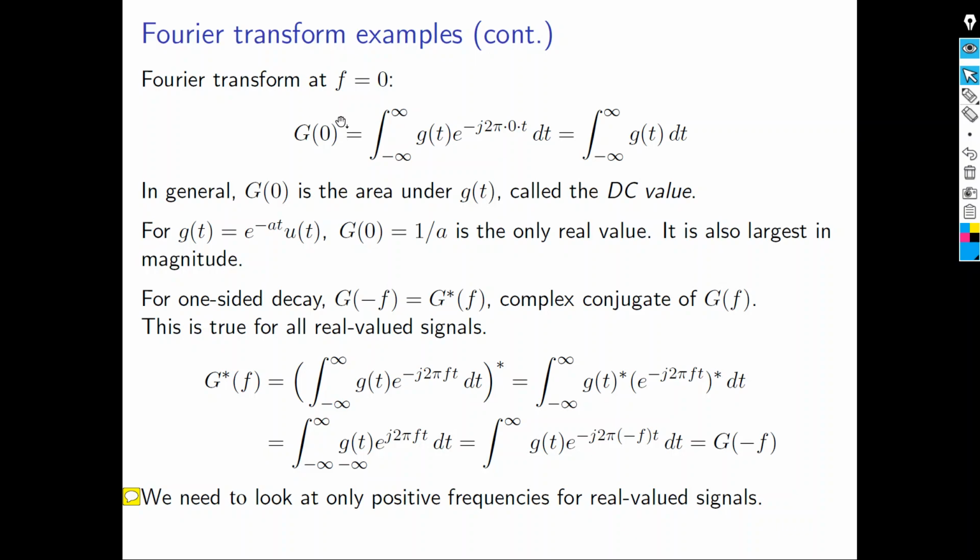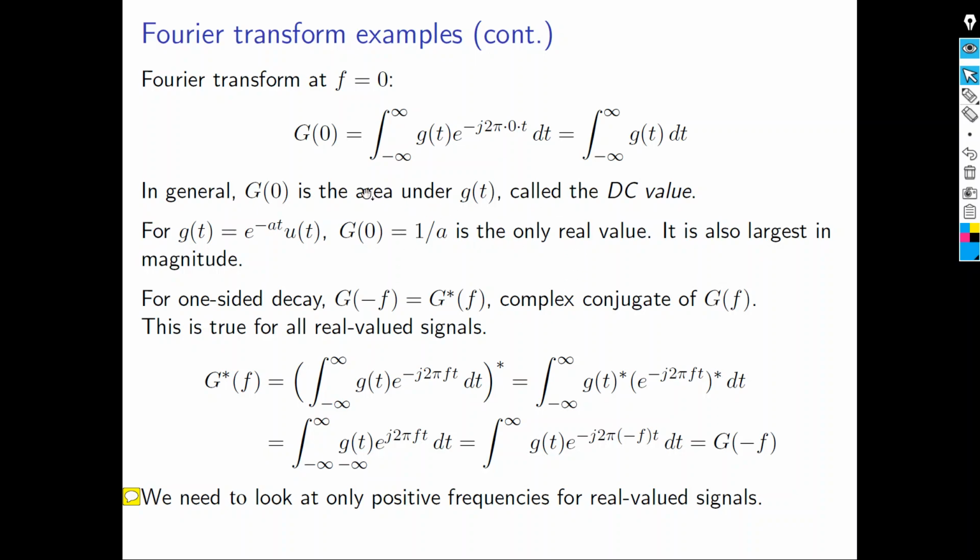When you find the integration at frequency equals 0, it's basically the integration of the original function, which is the area under that function. And this is called the DC value. For g of t equals e to the minus alpha t u of t, G of 0 is 1 over alpha, the only real value. It's also largest in magnitude.